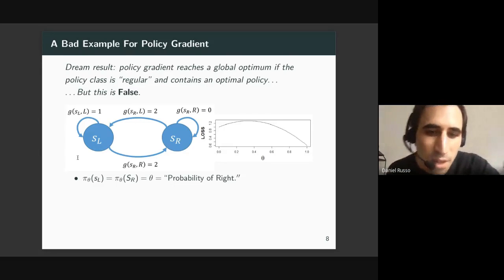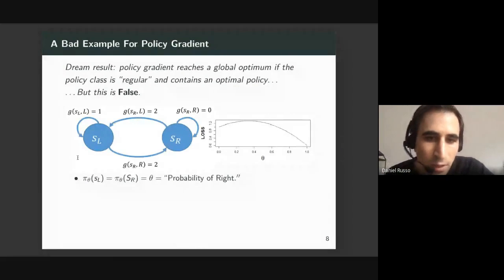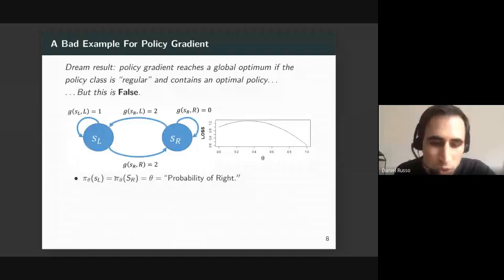So here's a very simple example that I'm not sure is widely understood in the literature. It's a 2-state Markov decision process. There's a left state and a right state. From state left, you can choose to stay left, incurring a cost per period of 1. When you're in state right, you could choose to stay right, incurring a per period cost of 0.